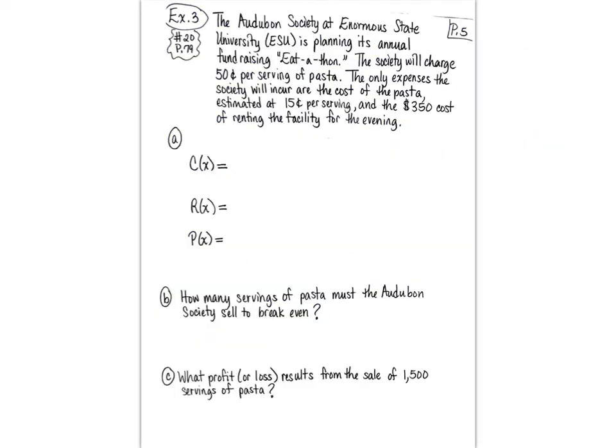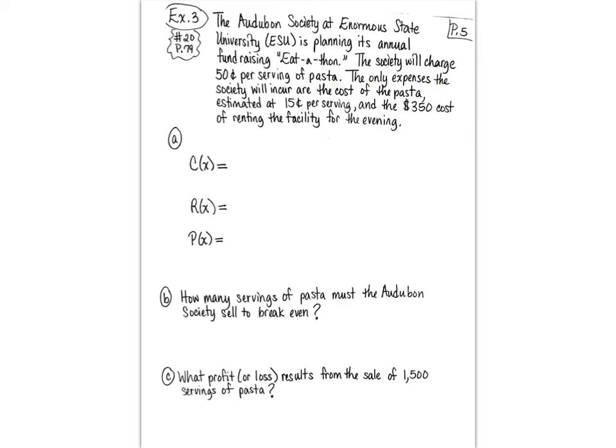This is where we are now picking up where we left off. The Audubon Society at Enormous State University is planning its annual fundraising eat-a-thon. The society will charge 50 cents per serving of pasta.